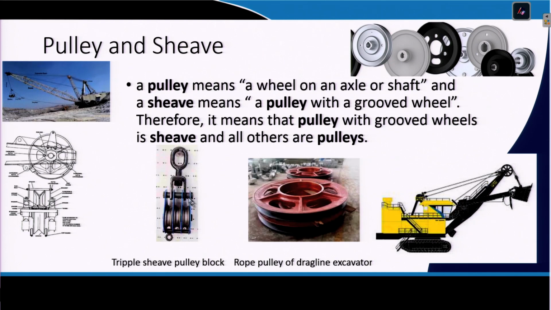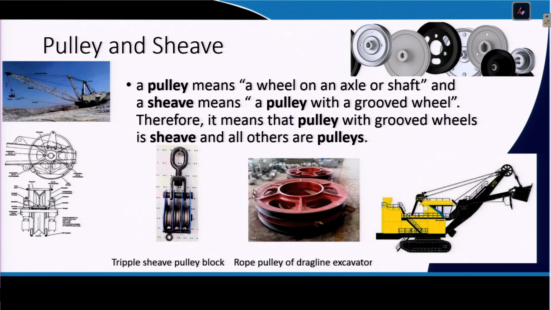This type of arrangement is there in an oil drilling rig, where ropes are handled in the crown block. This is showing a rope pulley of this drag line. Here they have this type of arrangement.